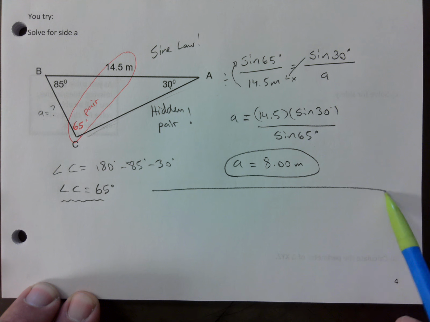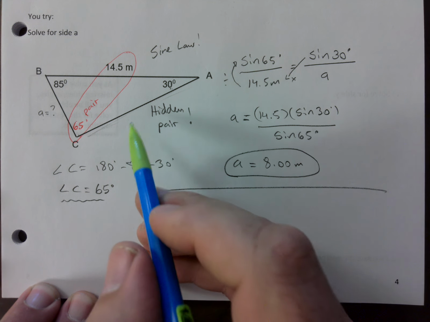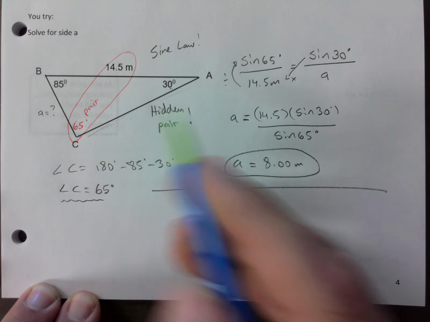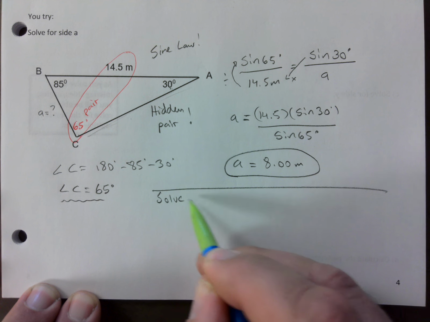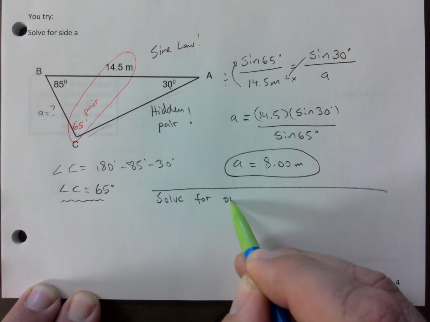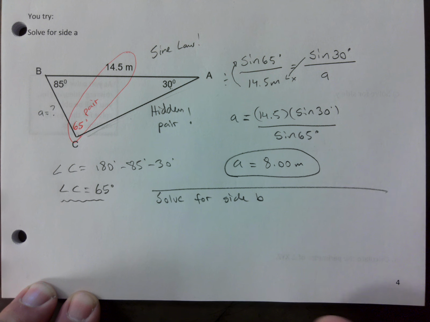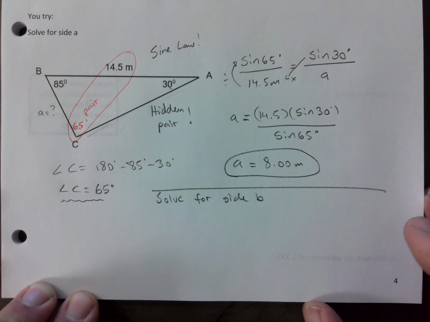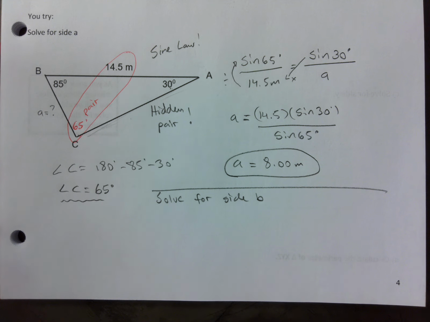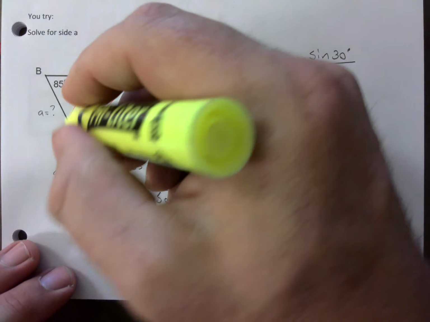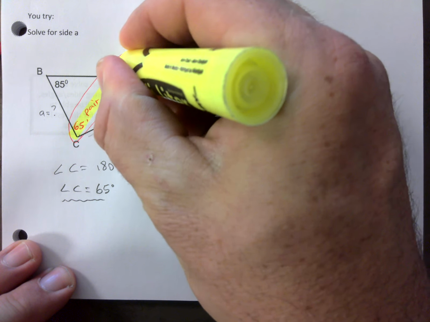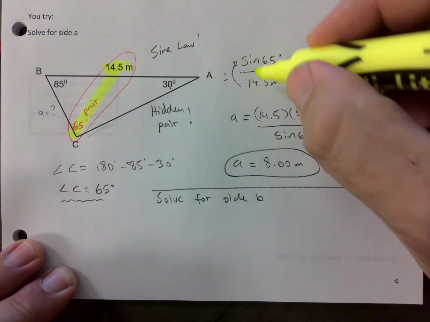Let's do, I didn't plan for it, but what if the question said solve for side B? I want to highlight the pair. This is the pair that is given to me right from the beginning.